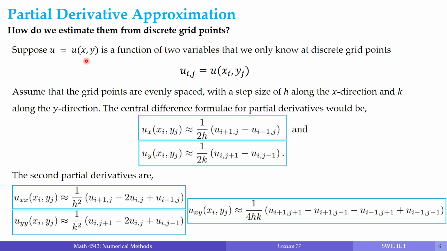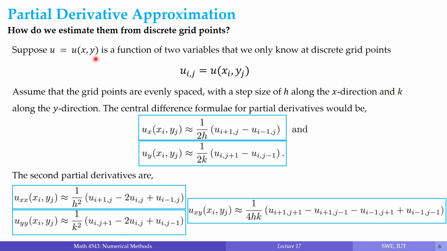If we have a bivariate function, let's call it u, with two variables x and y, we can calculate the derivative of u with respect to x, and we can also calculate the derivative of u with respect to y.